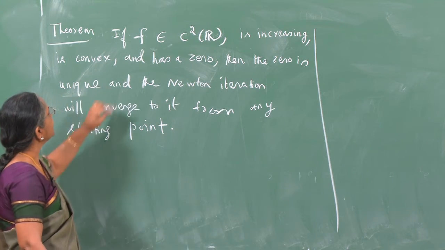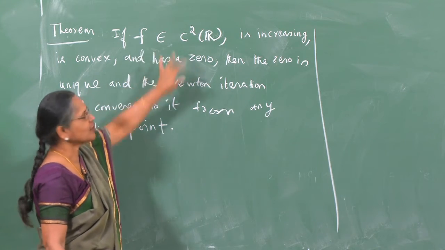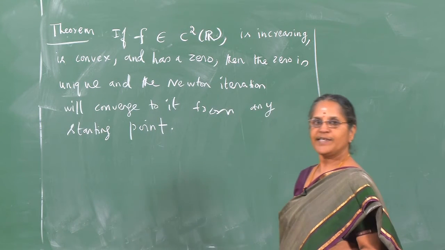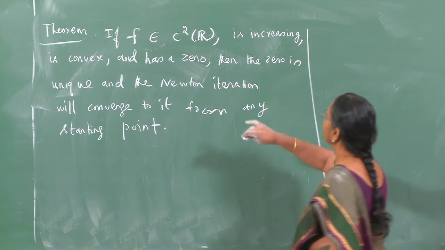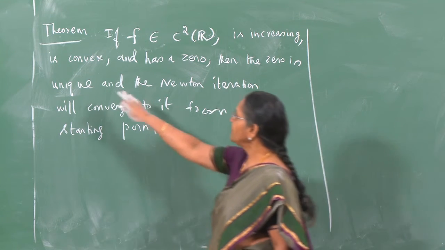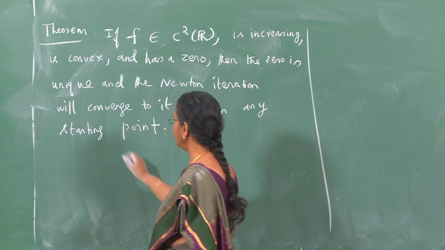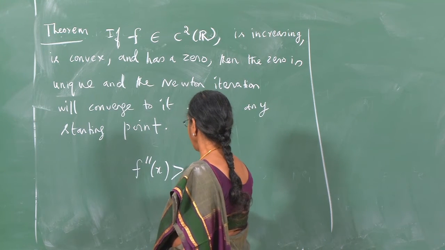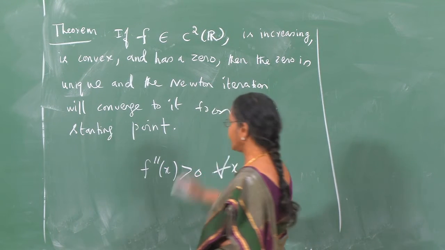It says, if f belongs to C2 of R, twice continuously differentiable, f is an increasing function and f is convex. What does that mean? A function is convex if f double prime of x is greater than 0 for all x.